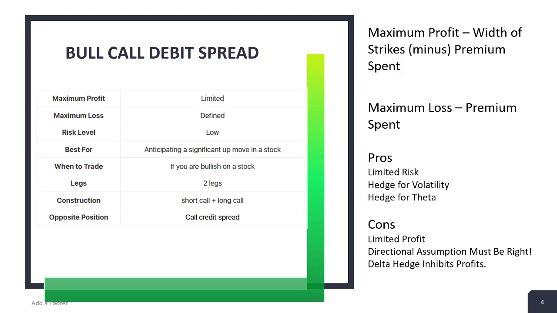So that's what you're doing. You're cheapening the trade by lowering that delta. And then one of the cons, I think, is, again, the delta inhibits profits. Because we're hedging that delta, we're removing the long gains possible in the trade.